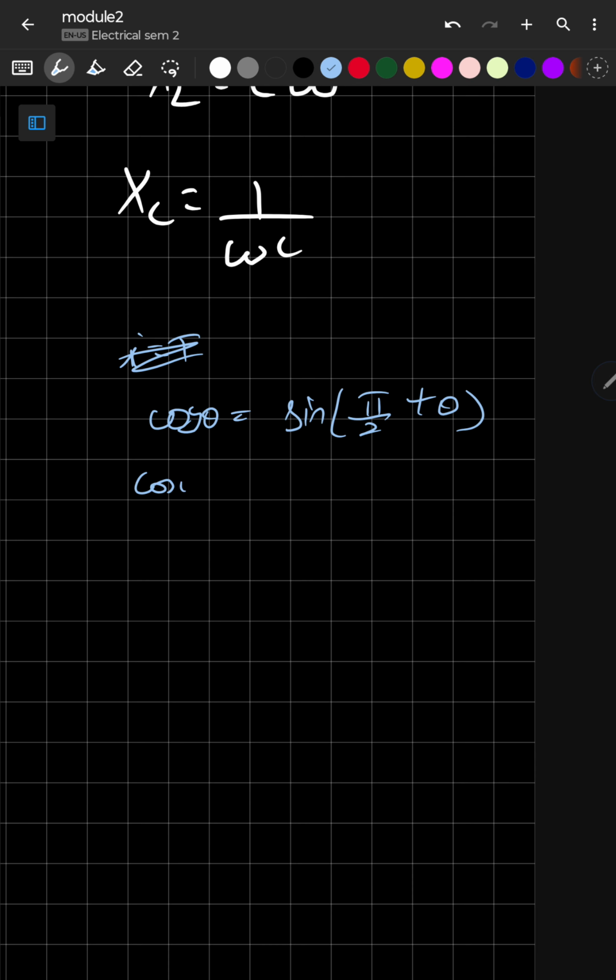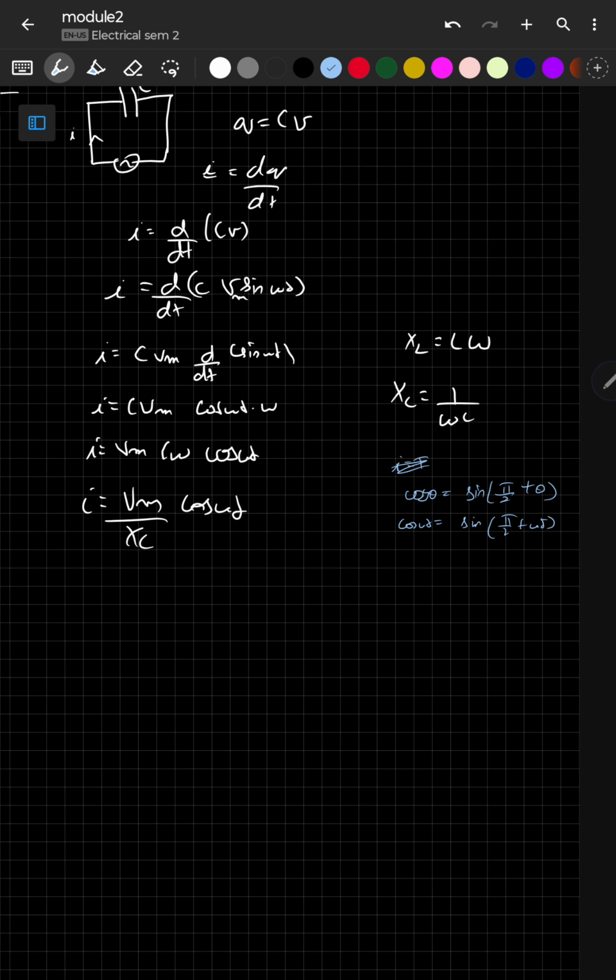So cos of omega t will be sin of pi by 2 plus omega t. I equals Vm by Xc sin of omega t plus pi by 2. This is the current equation.